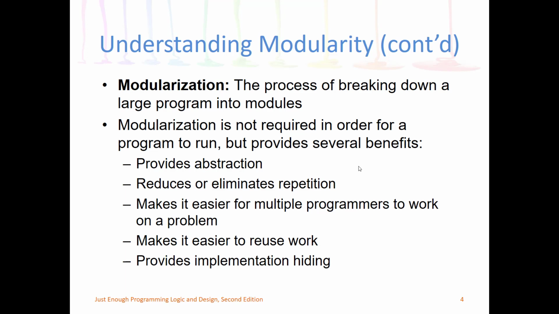The way you get around that is to put repetitive code into modules and call them from different places. It makes it easier for multiple programmers to work on a problem, easier to reuse, and provides implementation hiding. Again, you don't have to know how things work in order to use them. You just need to know what the module requires from the caller and what you expect to get back from the module.